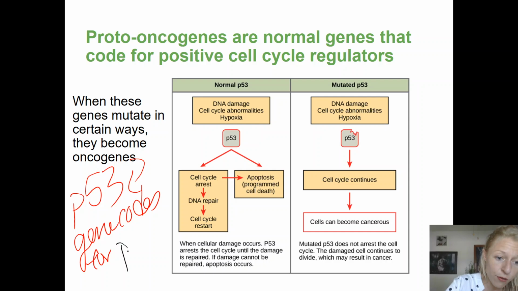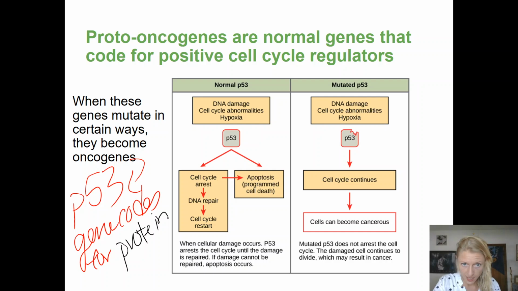The gene codes for a protein. If there is a mutation in the DNA, it means there is a mistake in the gene, and it means that that gene will produce a protein that is damaged, okay? So if you have a mutated P53, meaning your protein is a different shape, okay, you can have the cell cycle continuing even with damaged DNA, and you can end up with cancer.